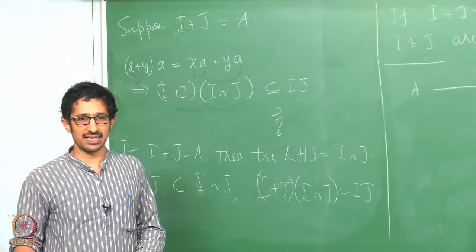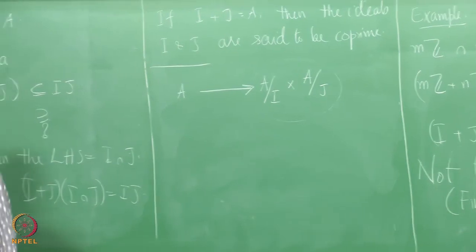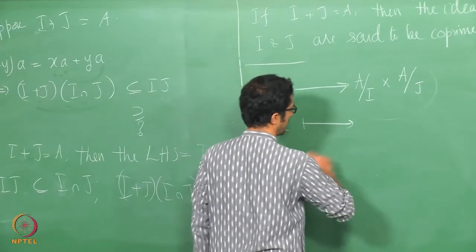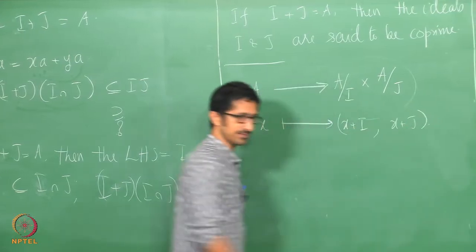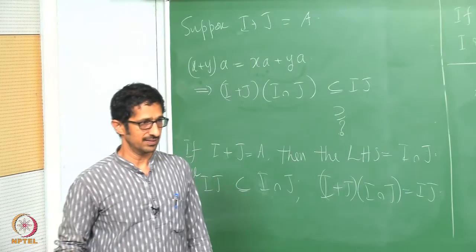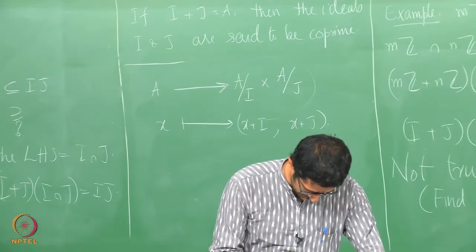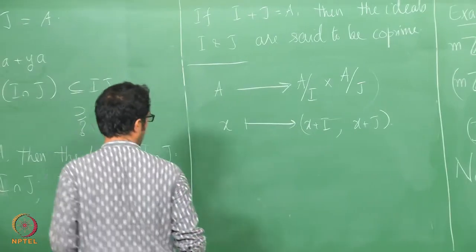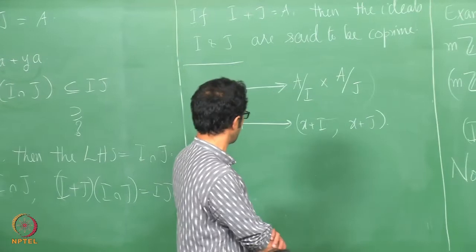A to A mod I there is a natural map, and A to A mod J there is a natural map. Now, there is a natural map from A to A mod I cross A mod J, where any element x is mapped to x plus I, x plus J. Now, once you have such a map, you start asking questions, right.